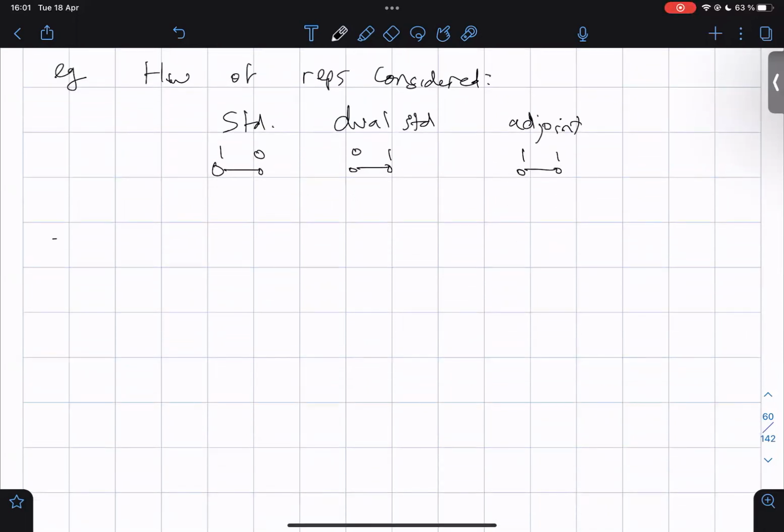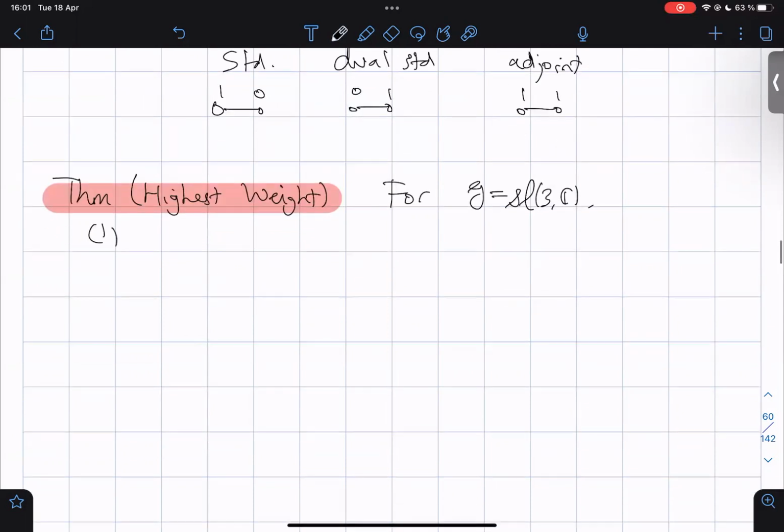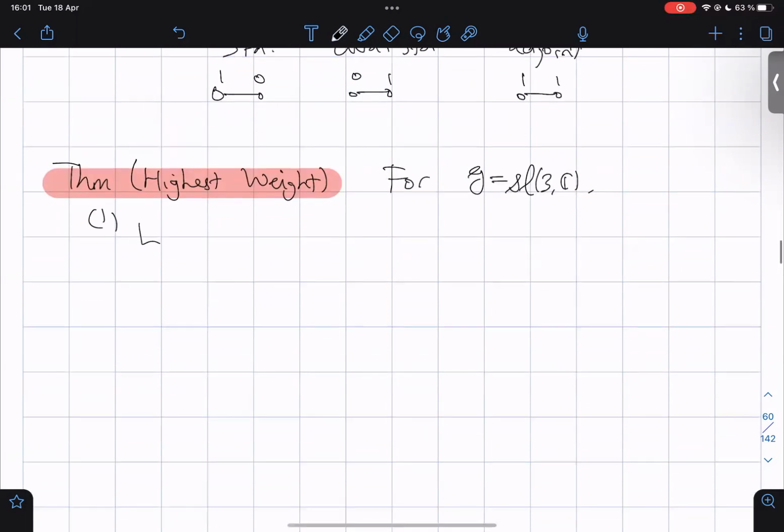And now here's the theorem of highest weight. I'll formulate it for SL3 right now, but basically every statement generalizes very nicely.